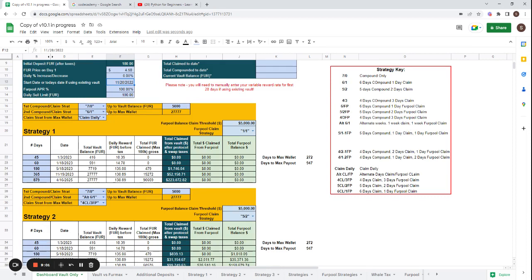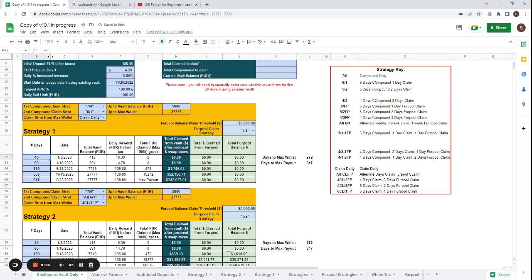We're then going to switch to a 6-1 strategy up to max wallet, and then we are going to claim daily. So Furpool is not involved in this strategy at all. And we can see here it's going to take us 947 days in total until we hit max payout.